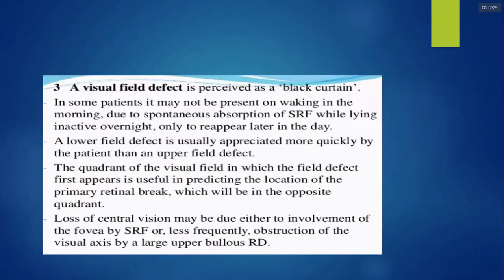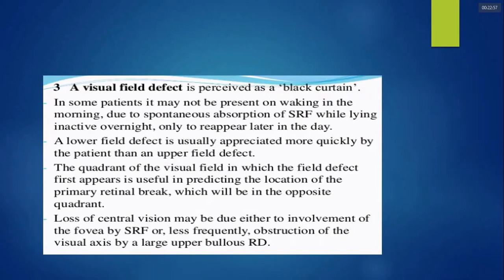And a visual field defect is perceived as a black curtain type. In some patients, it may not be present on waking in the morning due to the spontaneous absorption of the subretinal fluid while lying inactive overnight, only to reappear later in the day. So this visual field defect is described by the patient as a falling of a black curtain.